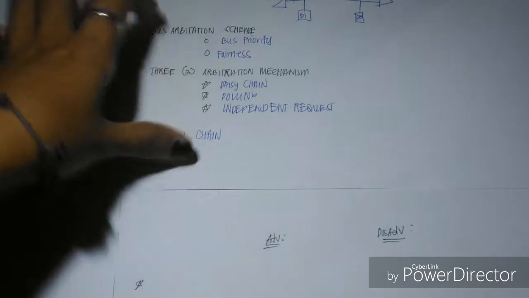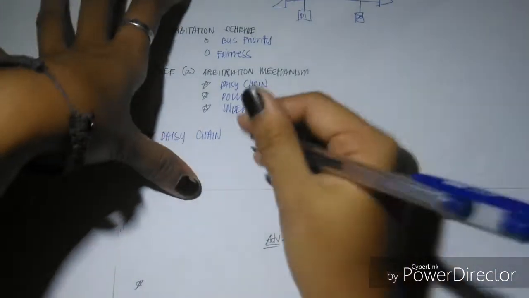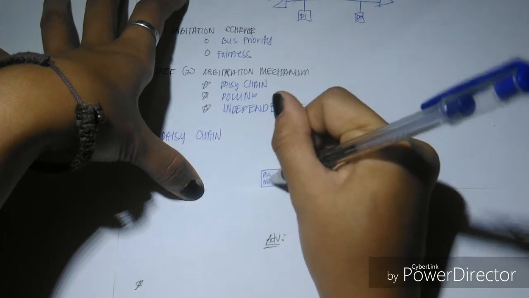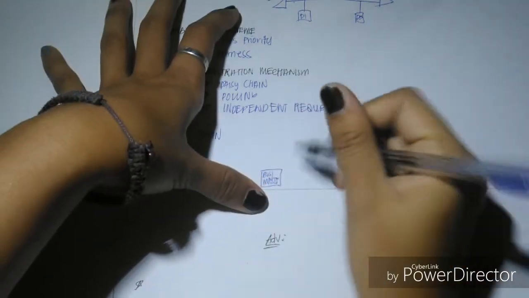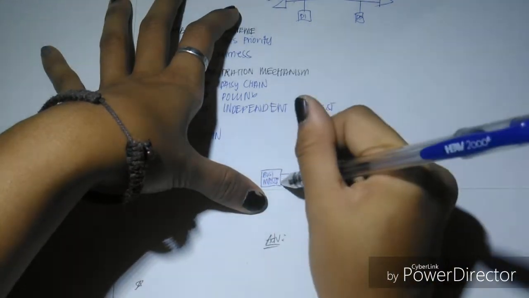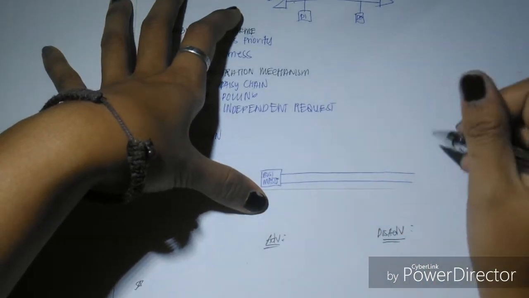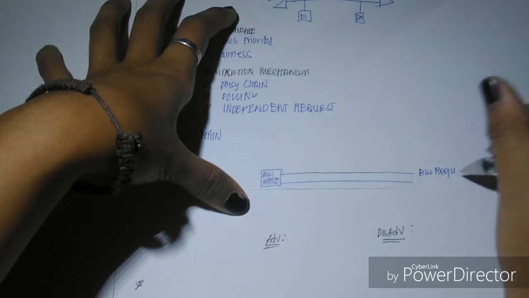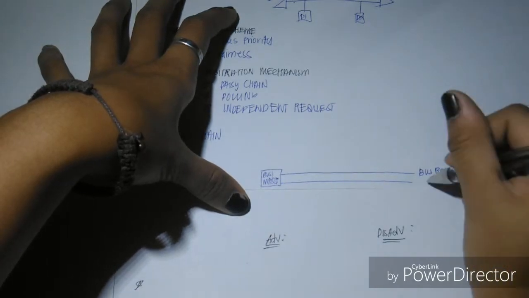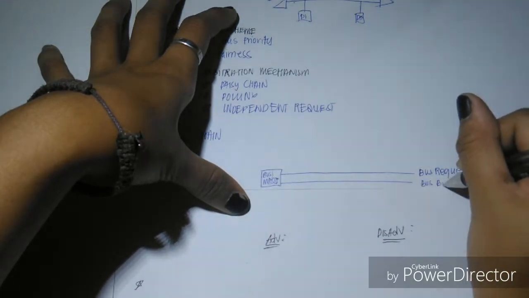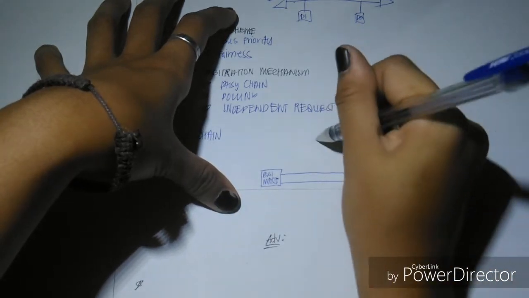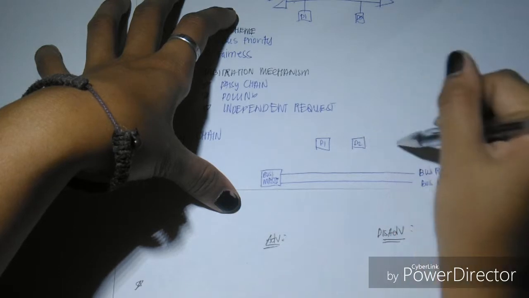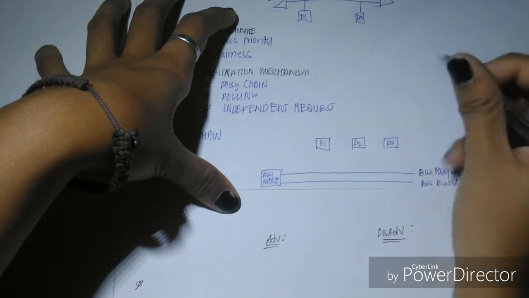Sa daisy chain. So, bus master. Tapos may dalawa siyang lines. 1, 2. Yung una is the bus request. And sumunod is yung bus BC. So, we have 3 devices. Device 1, device 2, and device 3.